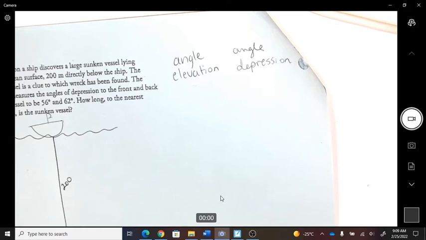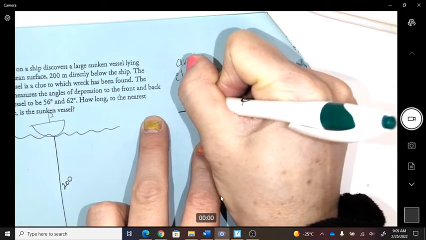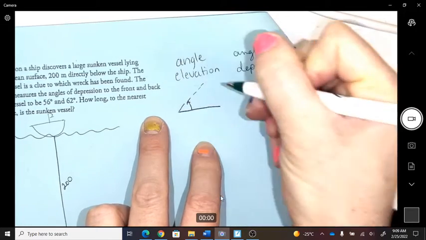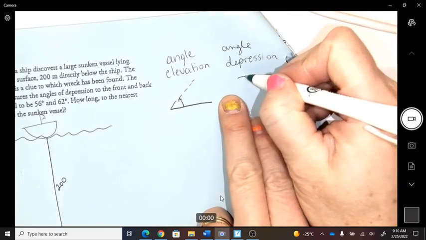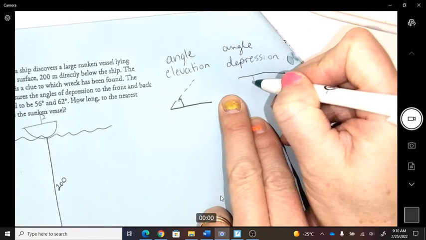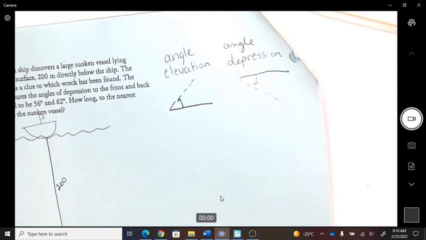So an angle of elevation is if you are flat, angled upward. Think about your eye level. If your eyes are looking straight out and you tilt your head up. An angle of depression is flat, angled downward. Okay, so flat, angled downward.